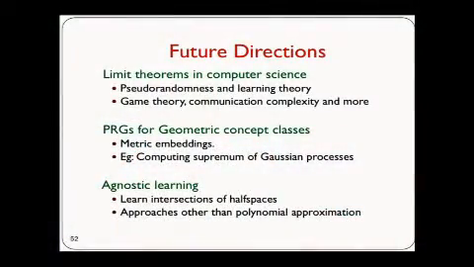And one of the central challenges in learning theory is to develop algorithms which are tolerant to noise, such as those that work in the agnostic model. And here, one of the benchmarks is devising algorithms for learning intersections of halfspaces, even under special distributions such as the uniform distribution on the hypercube.